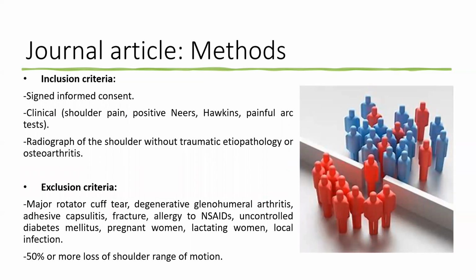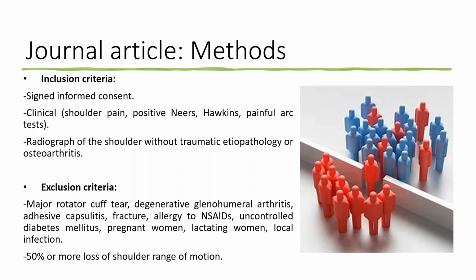Participants who were included in the study were included after they provided signed informed consent and based on clinical findings. Radiographs of the shoulder should be without a traumatic or osteoarthritic etiology.